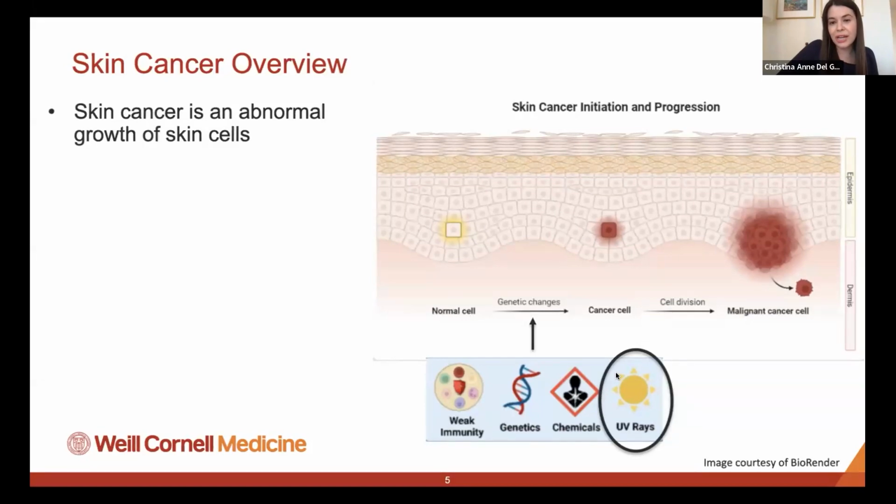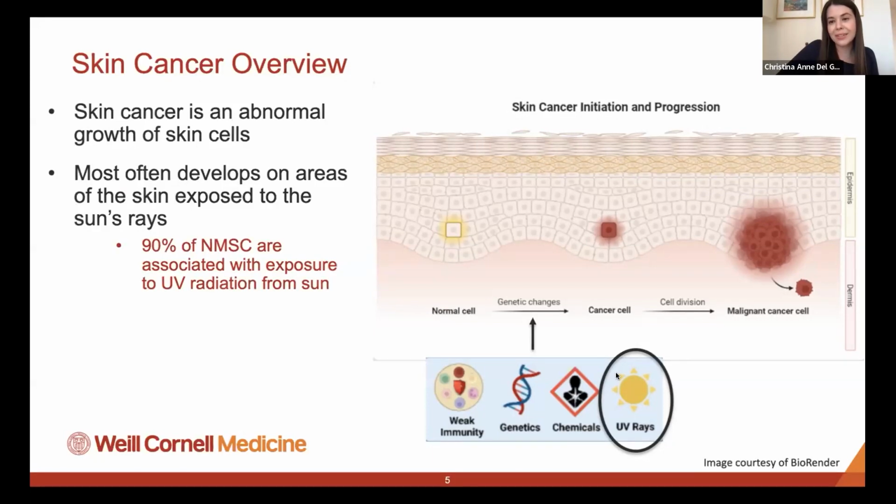So when enough genetic changes occur due to this sun exposure, most often, this leads to rapid and uncontrolled cell growth in the formation of a cancer cell. And then as that uncontrolled growth continues, it can form a tumor.